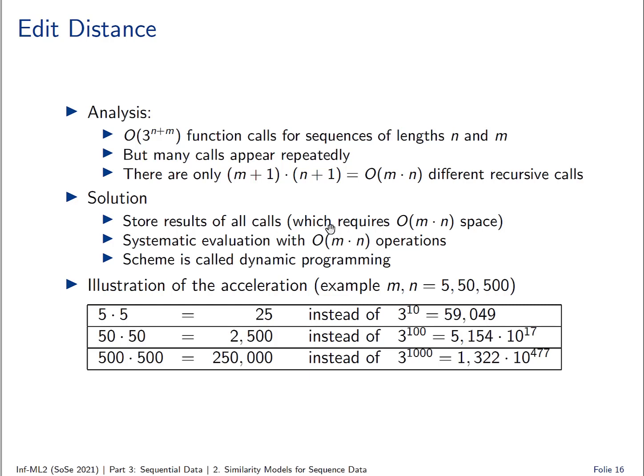The downside is that it requires m times n space. But if we do that, we can dramatically reduce the runtime. So the systematic evaluation of these m times n operations can be done if we store those intermediate results. And this scheme to systematically evaluate these operations is called dynamic programming. You probably already know it, but you can apply that here for the computation of the edit distance.